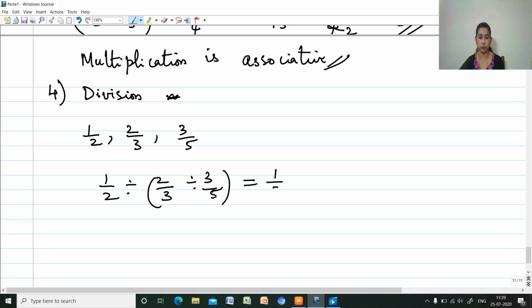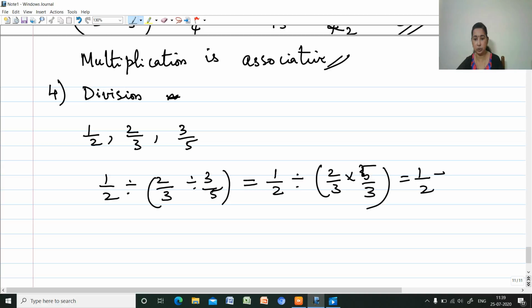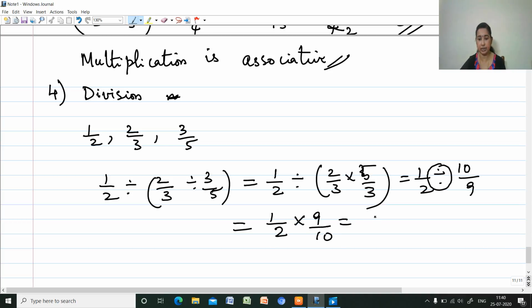That is equal to 1 by 2 divided by 2 by 3 into 5 by 3, that is taking the reciprocal. So this we'll get as 1 by 2 divided by 10 by 9. Again division. If it is division, we have to write multiplication and then write the reciprocal there. So 1 by 2 into 9 by 10, which is equal to 9 by 20.